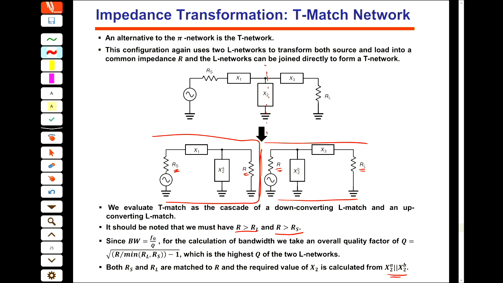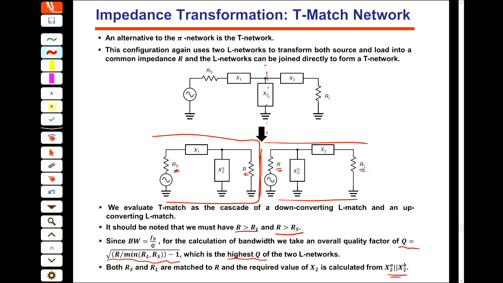And again, to find the value for the R, we should consider the Q factor. And the Q factor here should be, again, the highest Q factor, because the highest Q factor gives you the minimum bandwidth, the lowest bandwidth. And then for the highest Q factor, we have to select the minimum of RL or RS to find the highest Q factor.